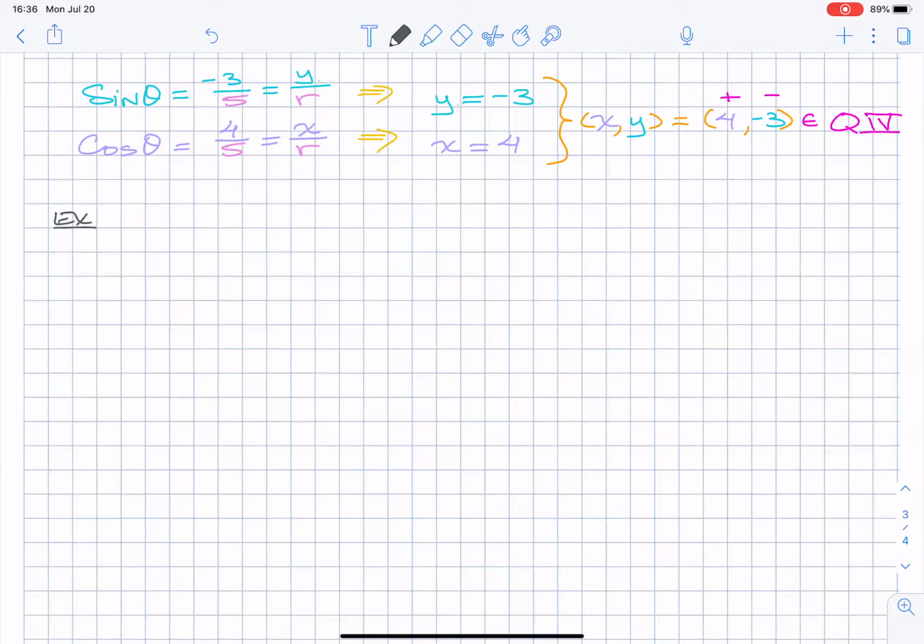So which quadrant does the terminal side of theta lie in if cosine of theta is less than 0 and tangent of theta is less than 0?